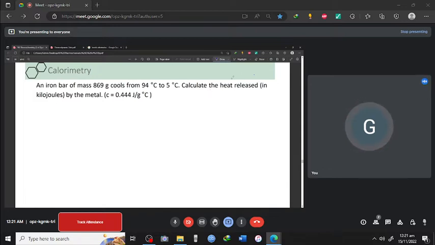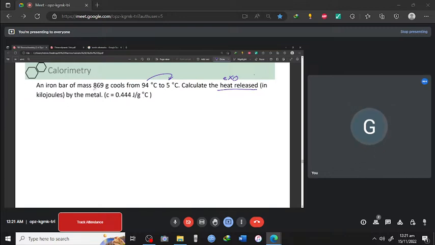So, bakit exothermic? Kasi yung term na ginamit dito is heat release. And sinusuportahan naman siya ng mga given dito. Kasi as you can see, yung 94 degrees Celsius bumaba into 5 degrees Celsius. So, because of that, we expect a negative answer for this particular problem. So, yung heat dapat natin sa problem na to ay negative.